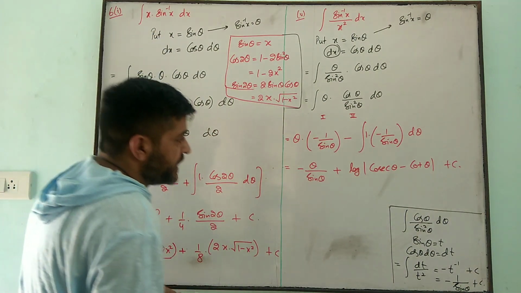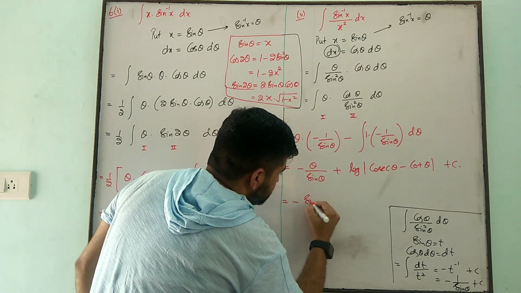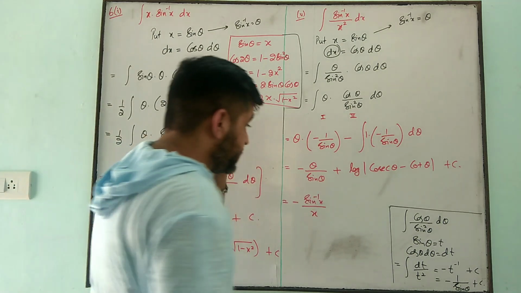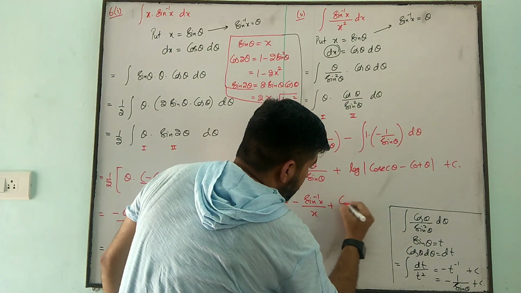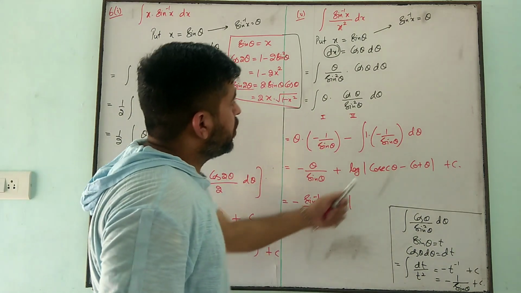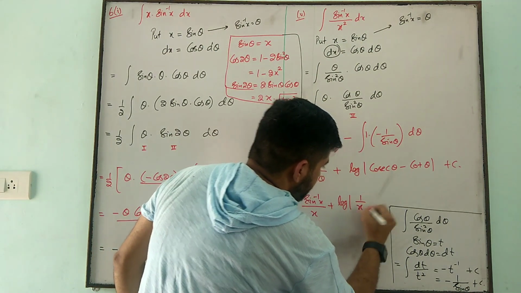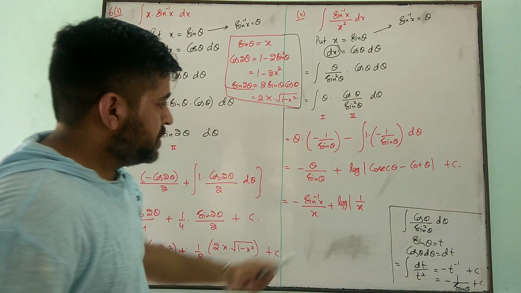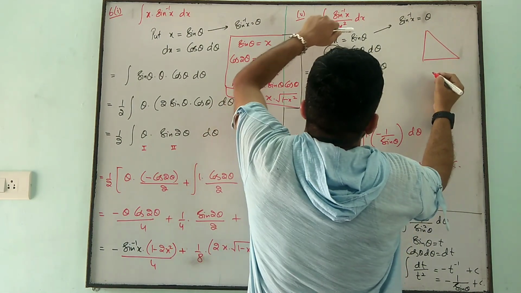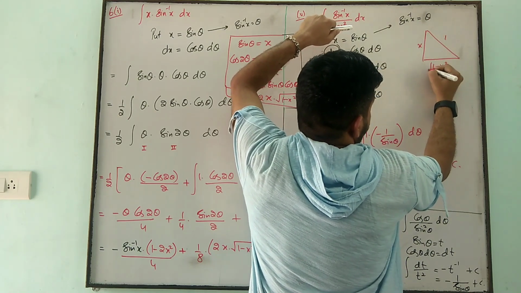Now just write the values of this. That is for theta it is sine inverse x upon x and log of cosecant theta will be 1 upon x and cotangent theta, according to this, if sin theta is x, this will be 1 minus x square and its under root.